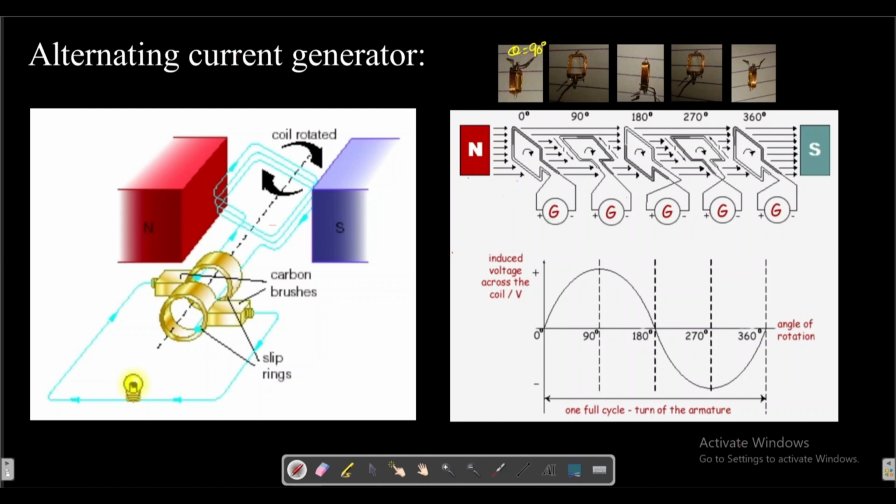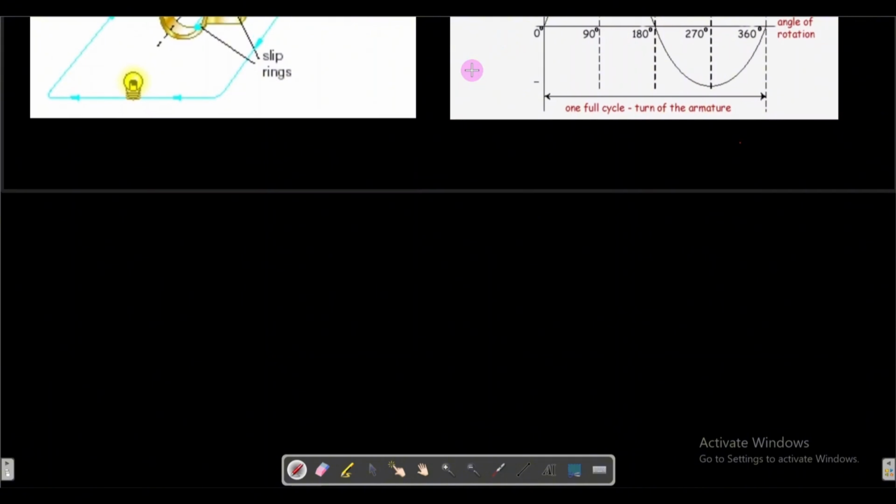This is the first position, this is the second position, this is the third, this is the fourth, and this is the last one, which is called the fifth position. In the first position the angle is 90 degrees.